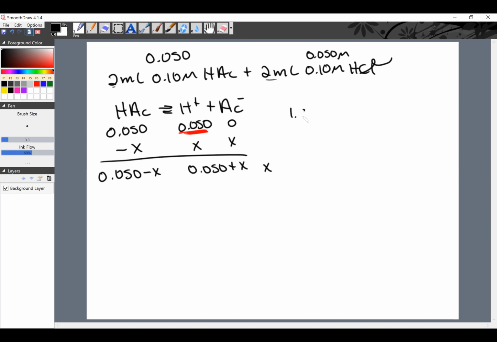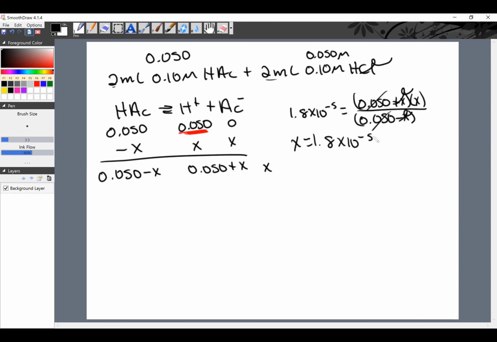So 1.8 times 10 to the minus 5th is equal to 0.050 plus x times x divided by 0.050 minus x. You can ignore the plus and the minus x. Oh, look, they're the same. So the x is 1.8 times 10 to the minus fifth.